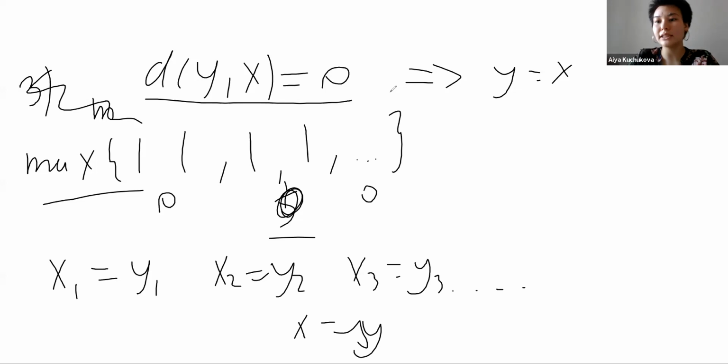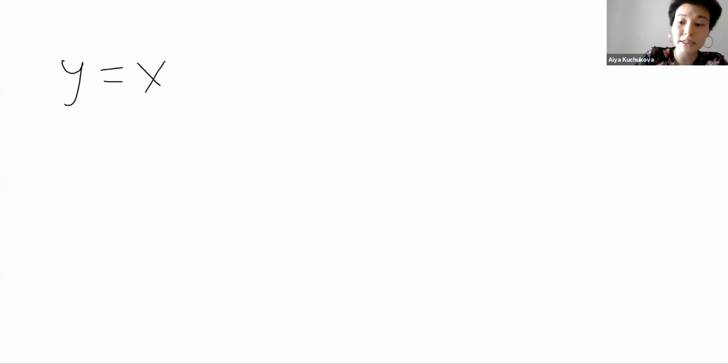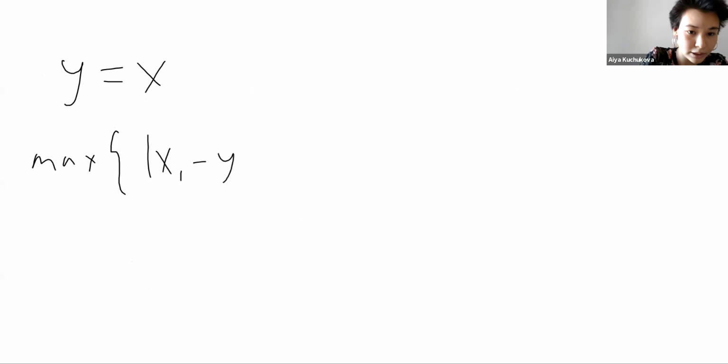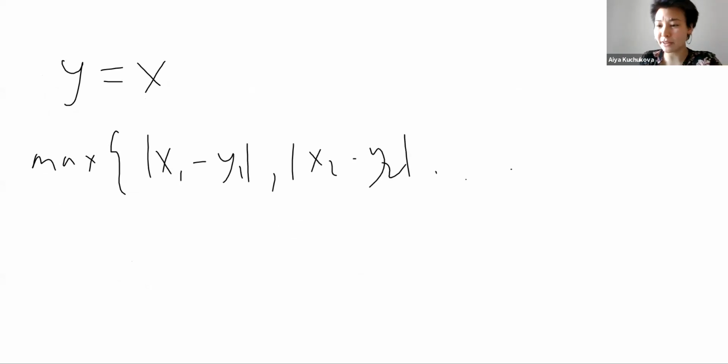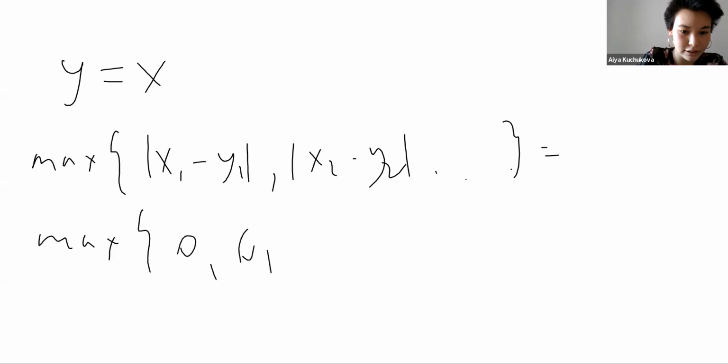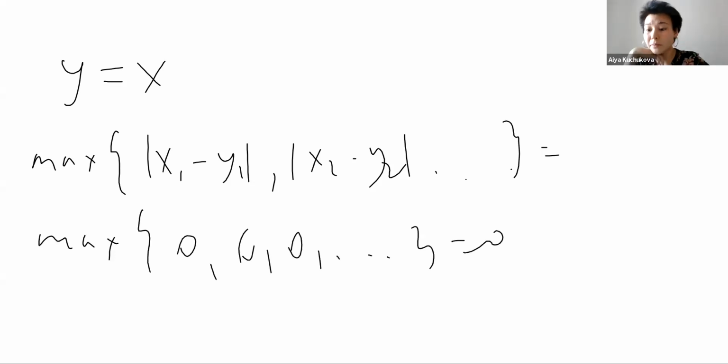But the second side is much easier because when you have y equals x, you're taking the max of x1 minus y1, x2 minus y2. But since all of their coordinates are equal, that would look like max of 0, 0, 0, 0, 0, which is 0. So the distance is 0. Does that make sense?